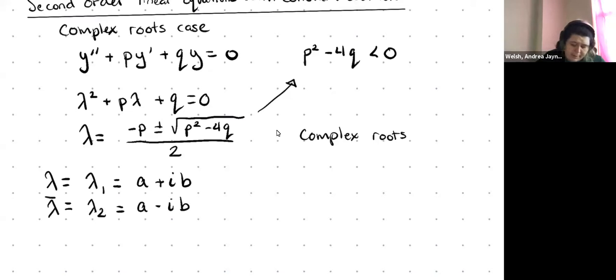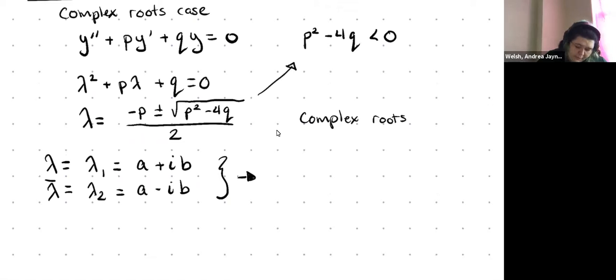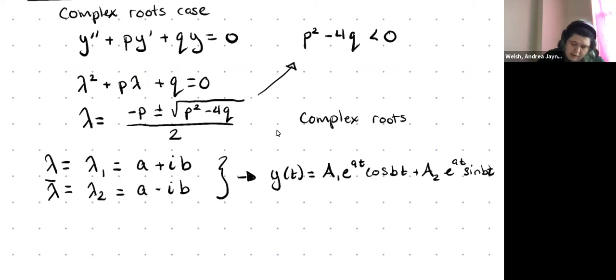We showed that the solutions eventually look like y(t) = a1 e^(at) cos(bt) + a2 e^(at) sin(bt).